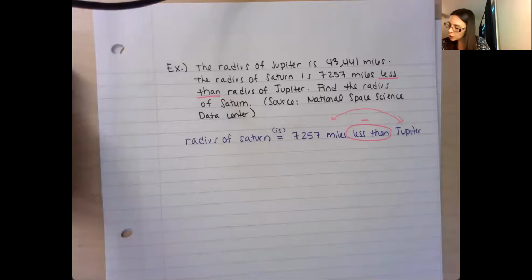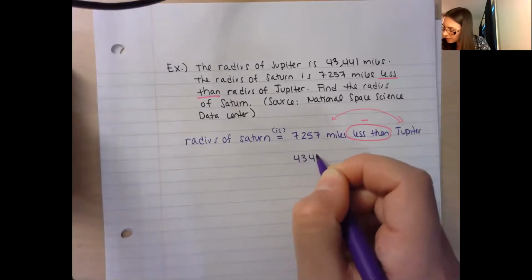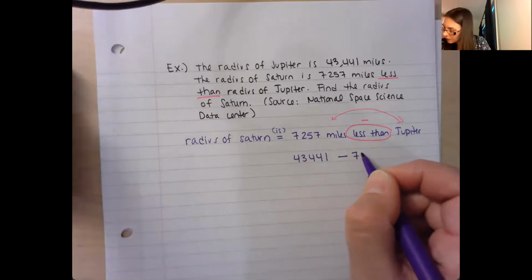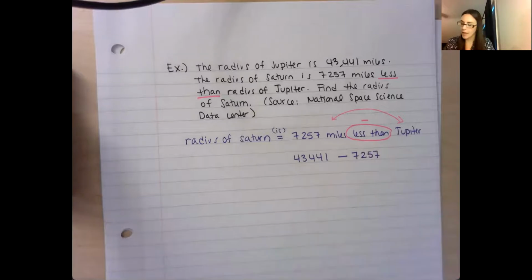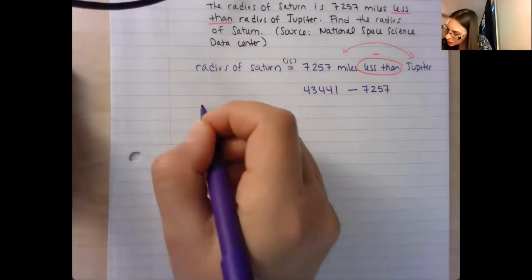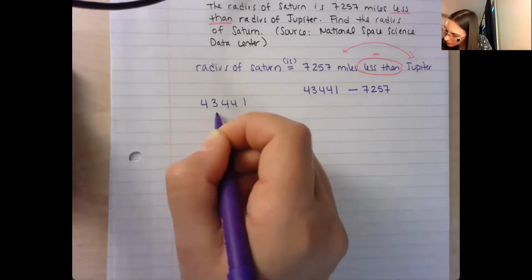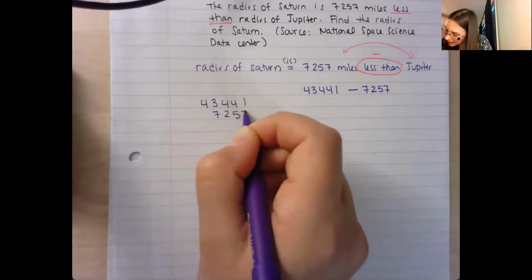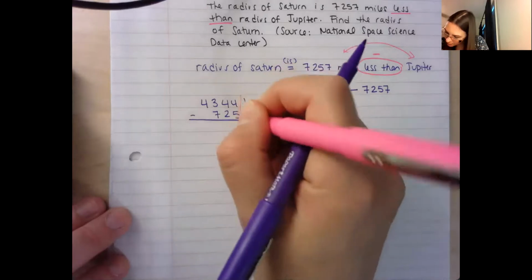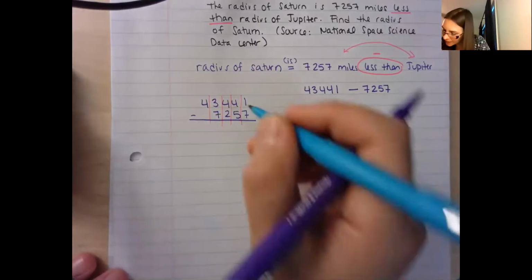So my value for Jupiter was 43,441, and then my value for Saturn is 7,257, or the value I'm subtracting for Saturn, excuse me. Now I can go ahead and do my answer. I'm lining everything up, and then I'm going to start subtracting from right to left. I can't do 1 minus 7, so I have to borrow.